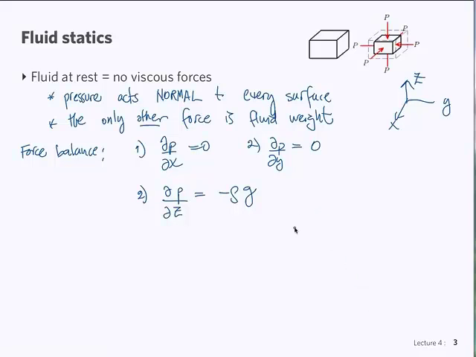And the minus sign is just indicating that pressure, of course, increases downward in the fluid, and that is something that you might find reasonable. As you go deeper in the ocean, the pressure is going to be higher and higher, so pressure increases downward. And this is going to be our basic equation for this chapter. It's called the hydrostatic equation.